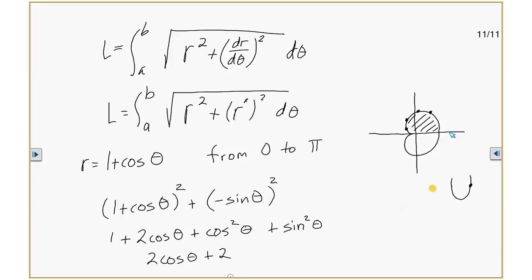I told you I'm not doing the integral yet. I'm doing the algebra right now. When I get through, I'm going to put the square root back on. Right now we don't have the square root.